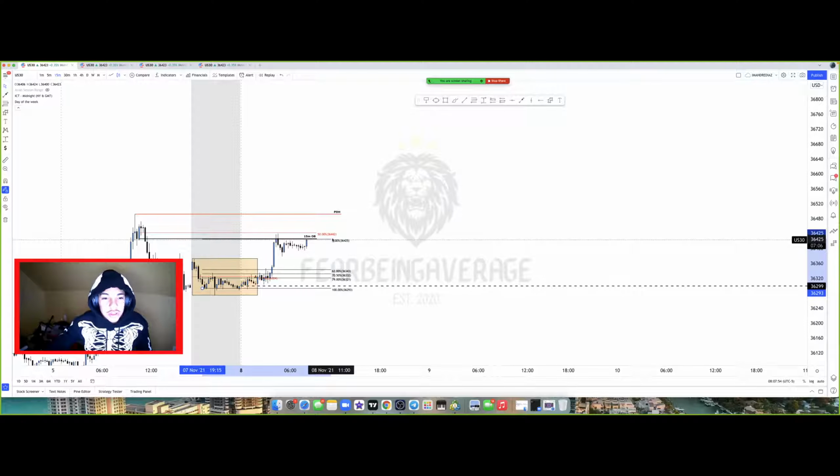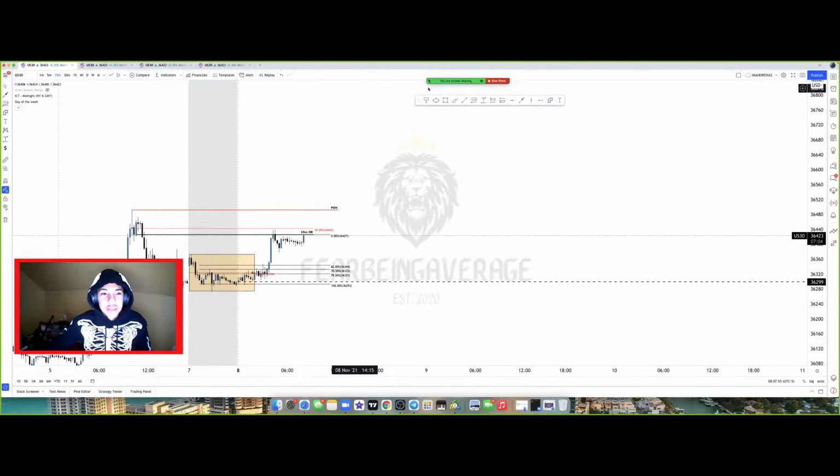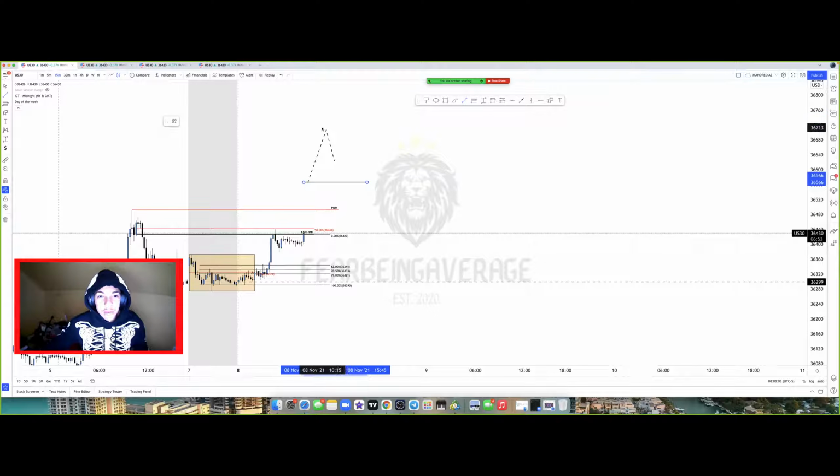You can use wicks sometimes, depending. Say you're trading at a range like this, and you pull your fib. Say the level right here is a big figure level, like a 500 level, and up here is like a 200 level. In this case, you can draw it from that level. I'm just going to draw an example real quick.